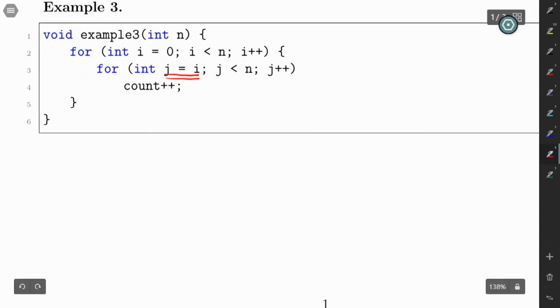In the first column, I'm going to put the current value of i in the outer loop. And in the second column, I'm going to put the number of times that the inner loop is going to run.